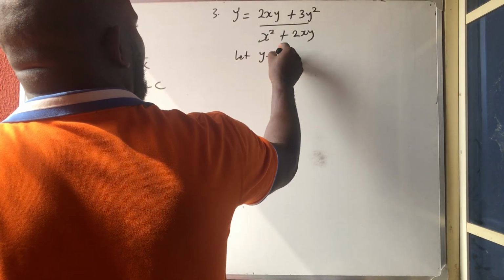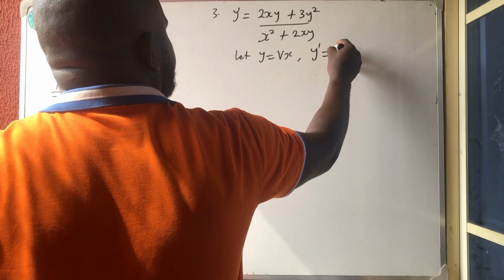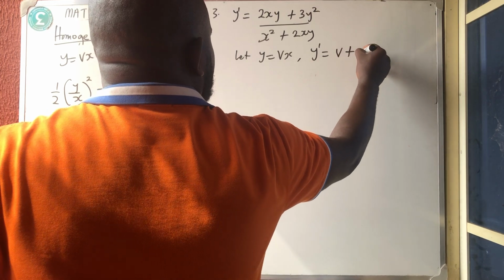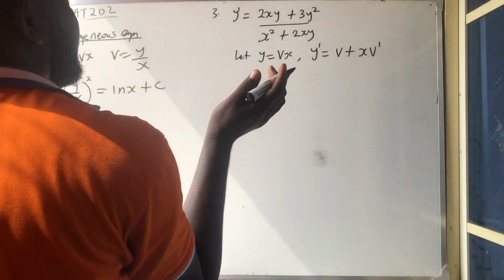So the first thing you say is, let y be equal to vx. Then y prime will now be v plus x v prime. So we don't need y. Anywhere we see y, replace it.